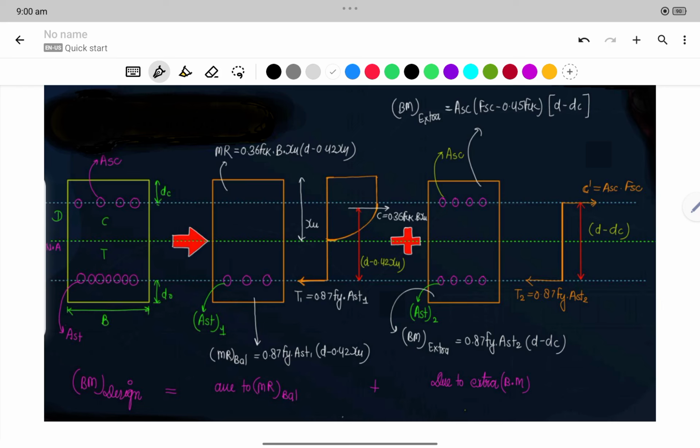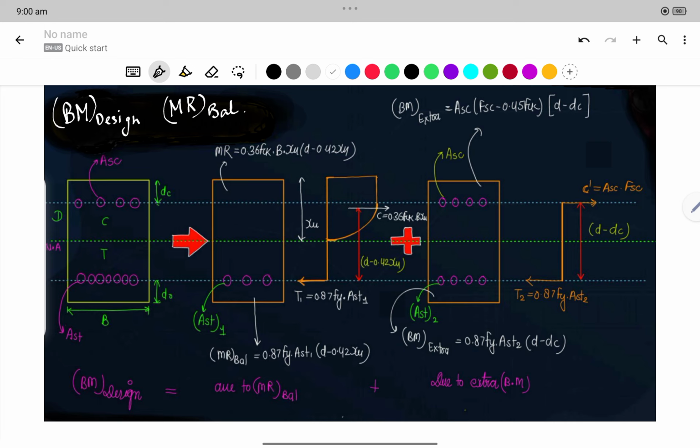So the main thing is why we are doing doubly reinforced. Singly reinforced was also good. You can see here, if we calculate the bending moment design and the MR balance, the moment of resistance balance or limiting, the same thing.